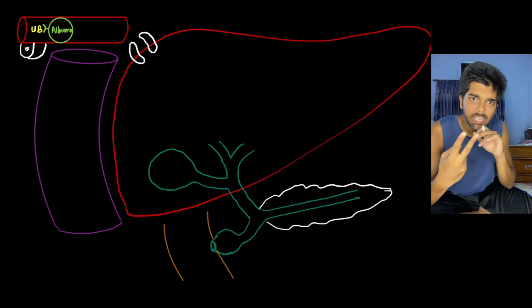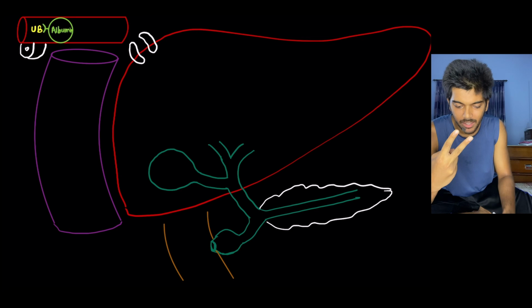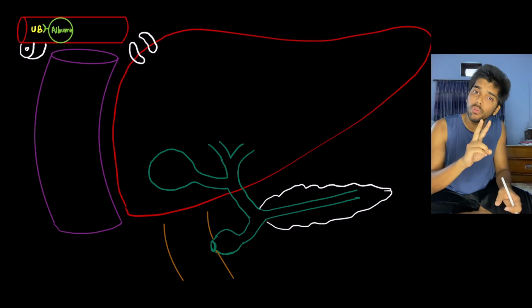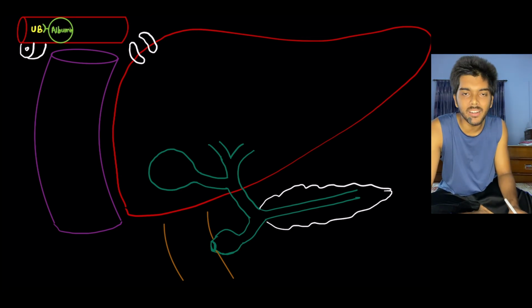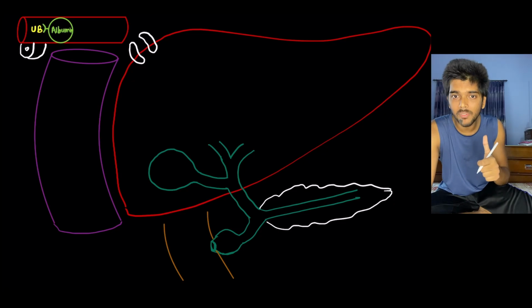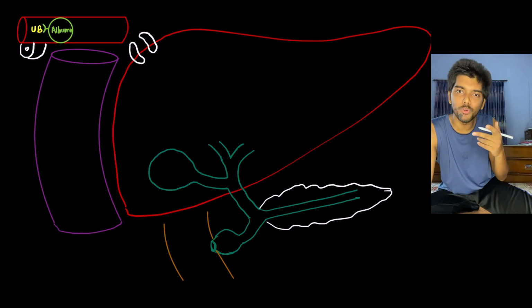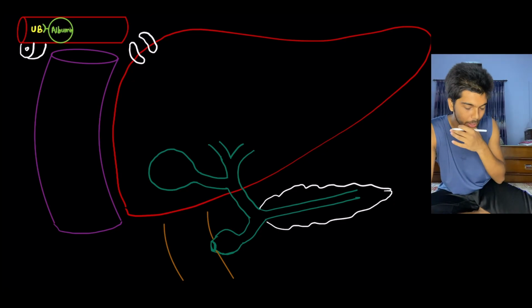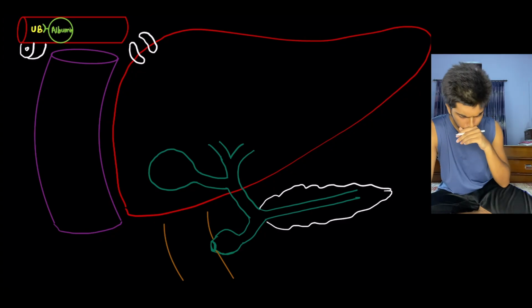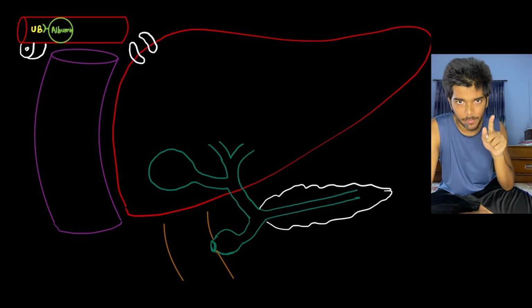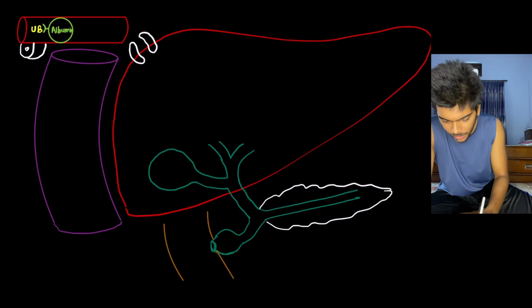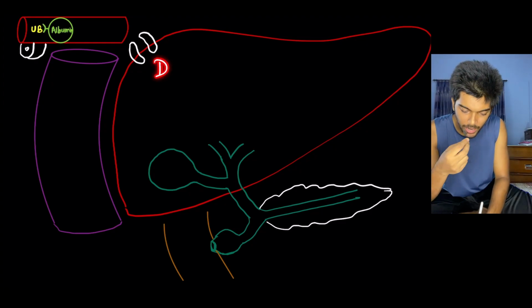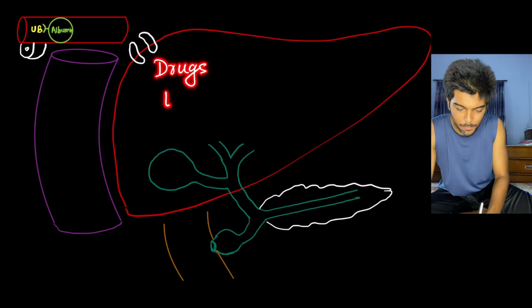The second thing we want is for the body to get rid of this toxic material. There are many ways, but two major ways our body gets rid of toxic material. Number one, via feces or stool, and number two, via urine. So how does that happen? Let's see. Under general pharmacology, you might have already learned that the drugs that we take are mostly lipid soluble.